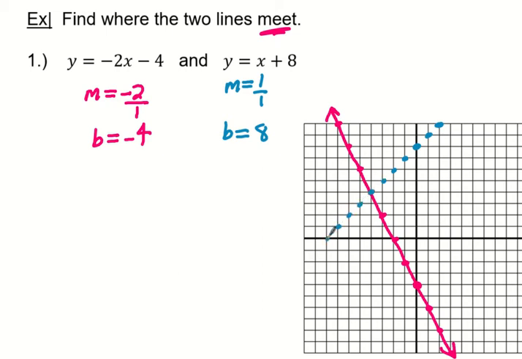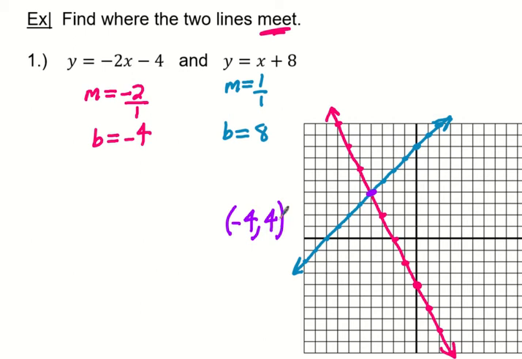And we just figured out, really, already, where these two lines meet, and therefore what would be a solution to both equations at the same time, right here at -4, comma 4.